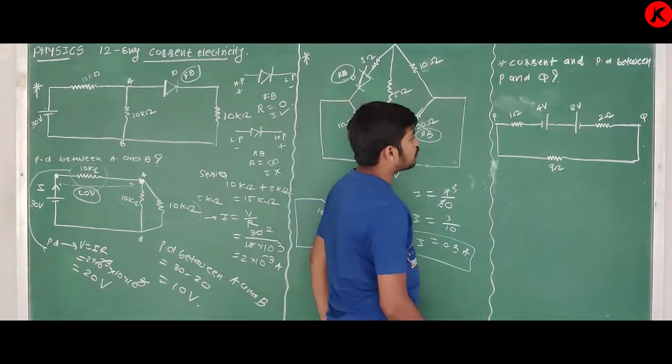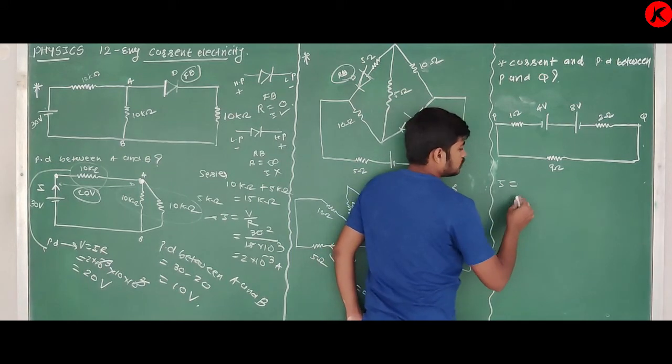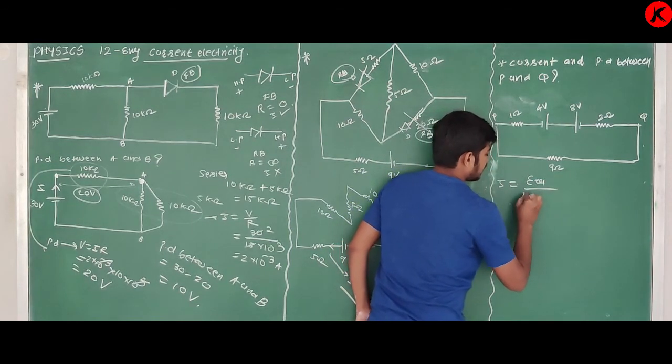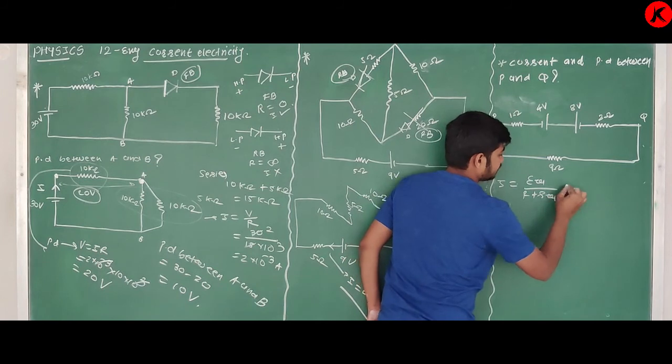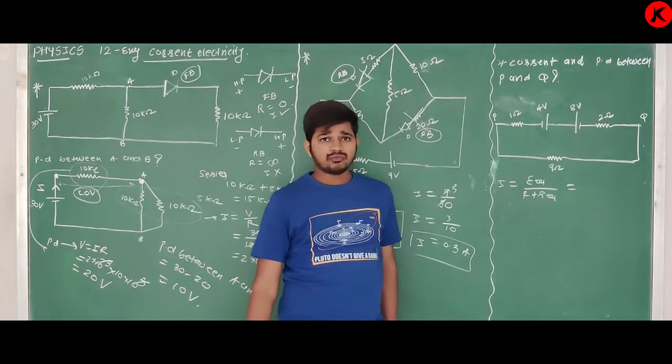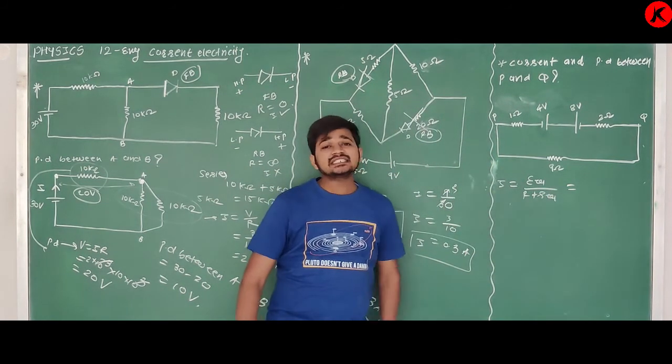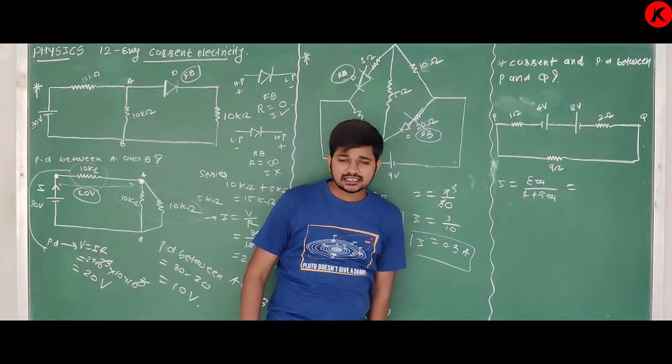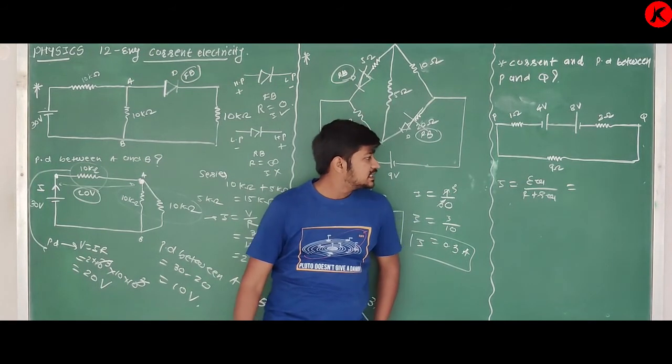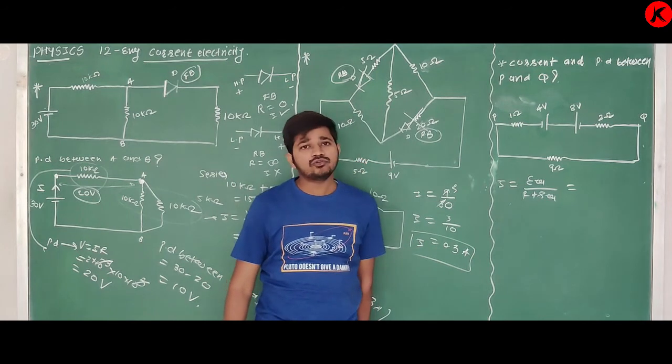So first of all, you have to find current. I is equal to E equivalent upon R plus R equivalent. From chapter 3, it is a series connection of two cells.